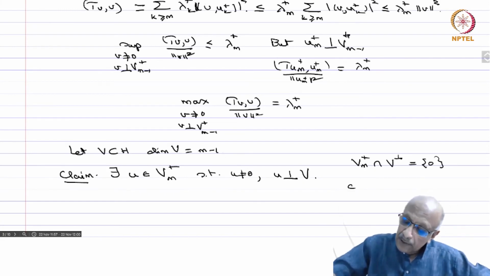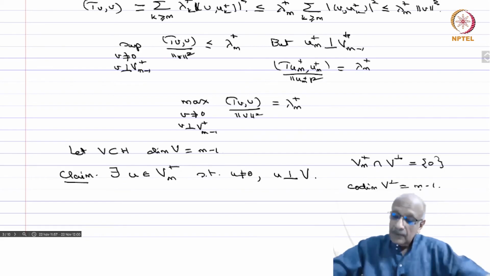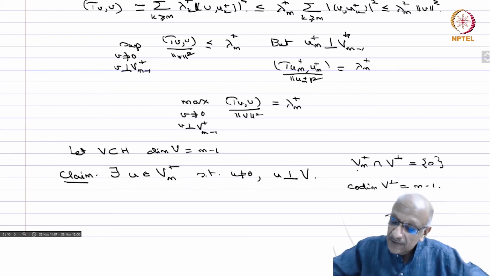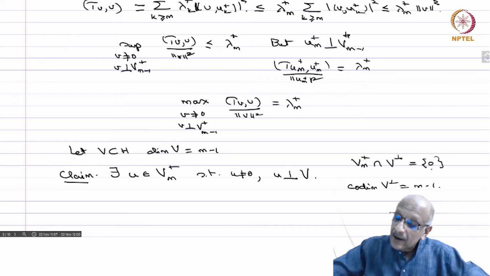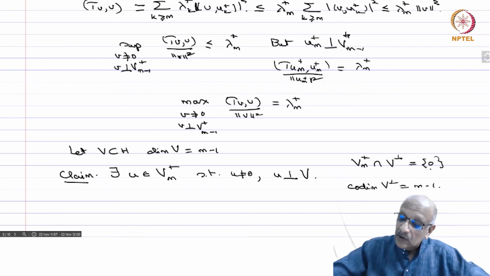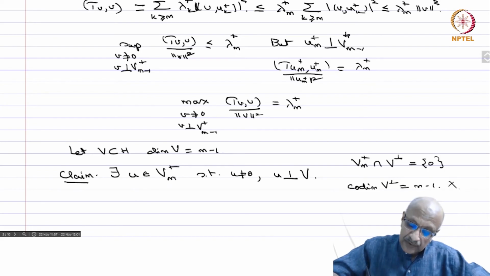But the codimension of V perp is m minus 1 because V is an m minus 1 dimensional space, and therefore you cannot have an m dimensional space completely non-intersecting with it, because the codimension is only m minus 1 and we have m dimensions. Therefore this is definitely a contradiction. Or the other way, if you want to look at it, is that u is in the m dimensional space, so u can be written as sigma alpha_i u_i^+, i equals 1 to m.